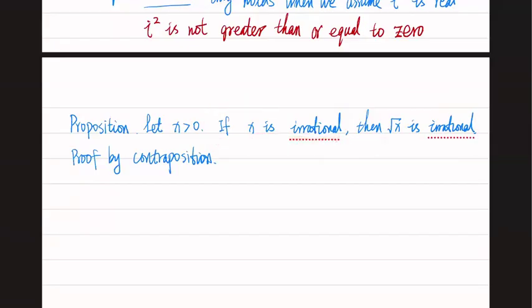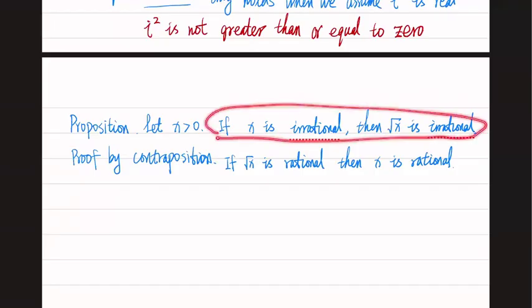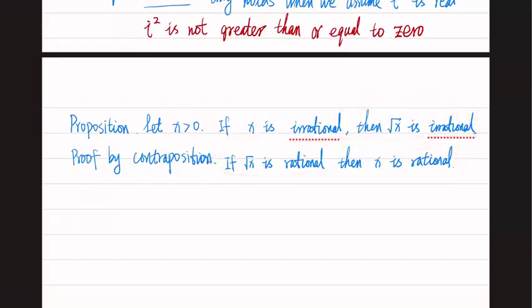If the square root of X is rational, then X is rational. Very nice. Initially, we have no way to start the proof of the statement. But if we write down the contraposition, they are equivalent, but this one is much easier to start. Then we will see this is rational.